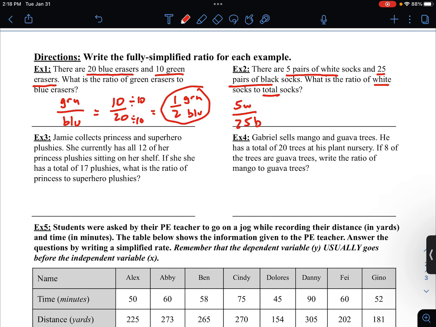And they want the ratio of white to total. How do I do that? Well, if there are 5 white and 25 black, the total is just going to be 30. 30 total. And the ratio of white is still 5.